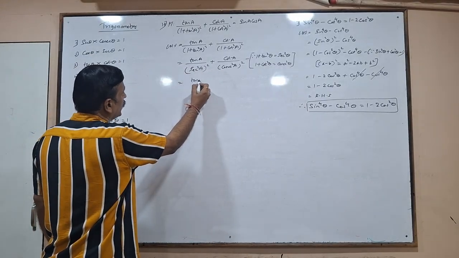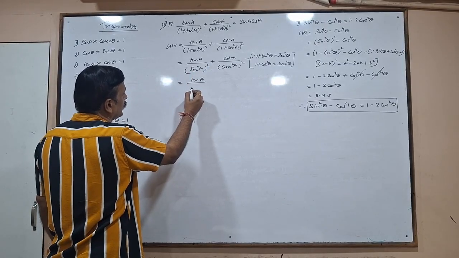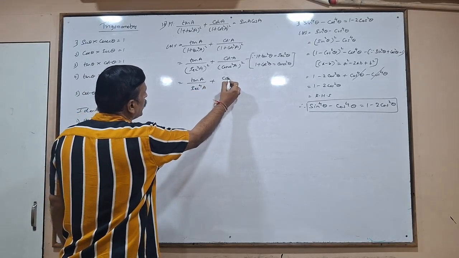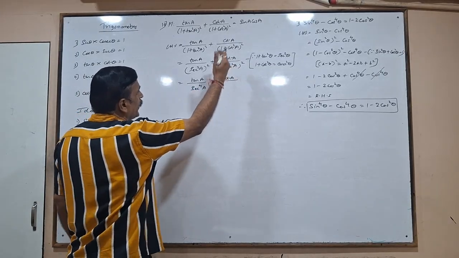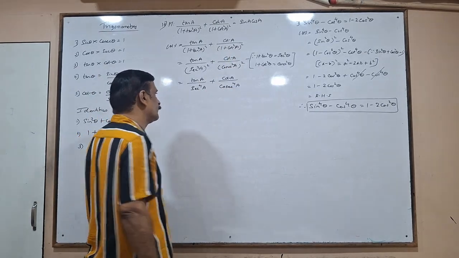Now it is tan A sec square A the whole square, which is sec raised to 4 A, and cot A cosec square A the whole square, which is cosec raised to 4.